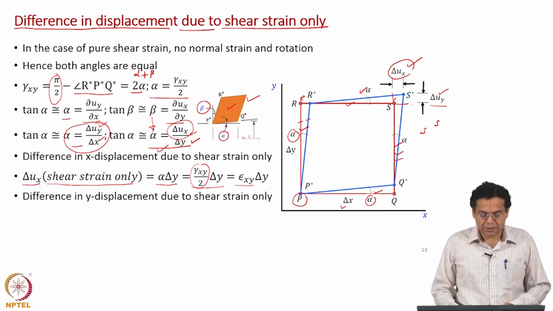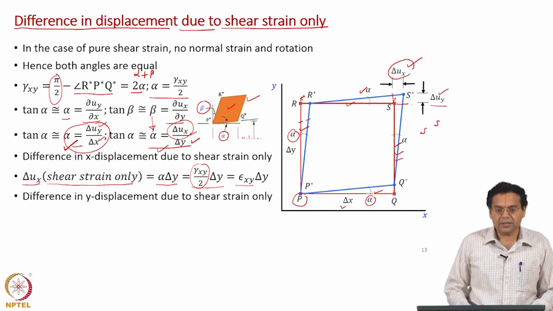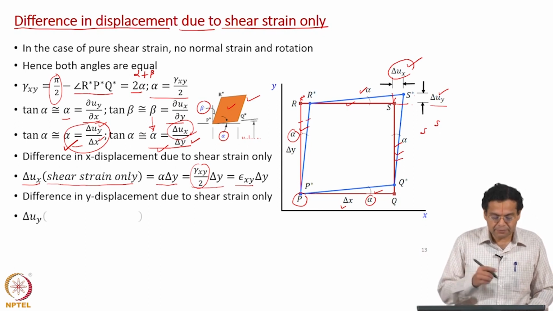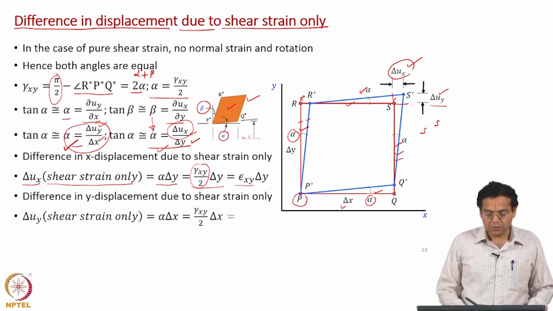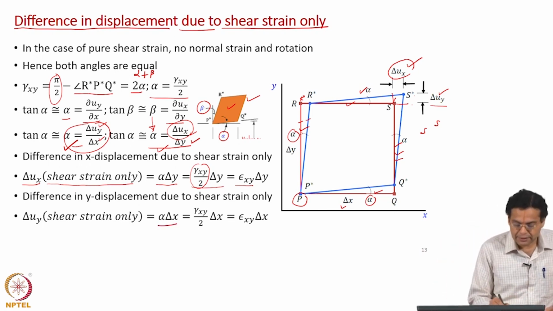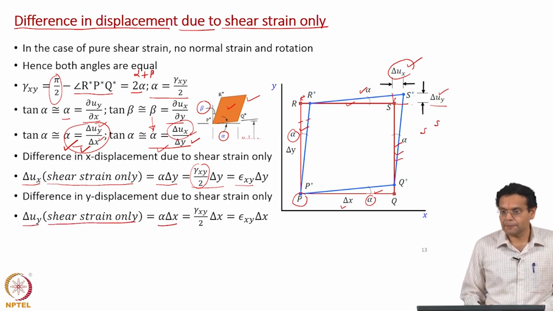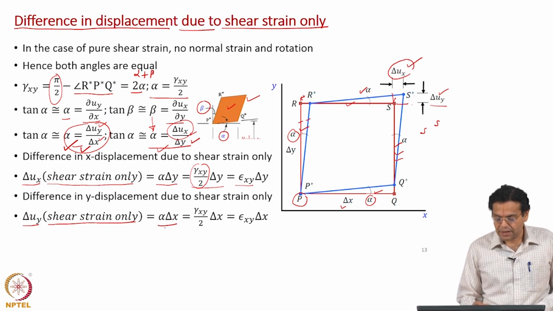So, the difference in y displacement, what do I do? I take this equation, the first expression, alpha equal to delta uy by delta x. From that I write the relationship for delta uy as alpha into delta x. So, I write an expression for delta uy for shear strain only as alpha delta x.